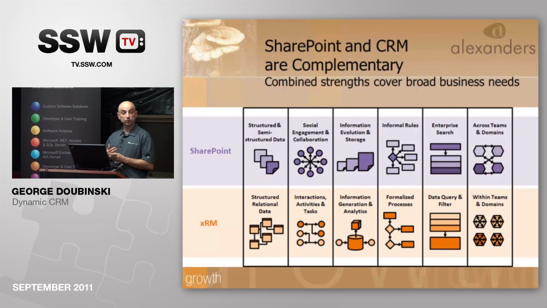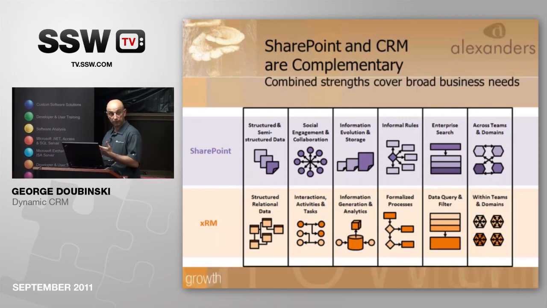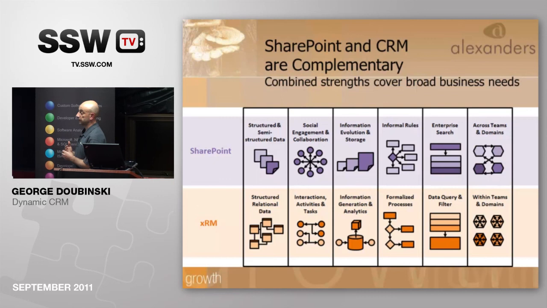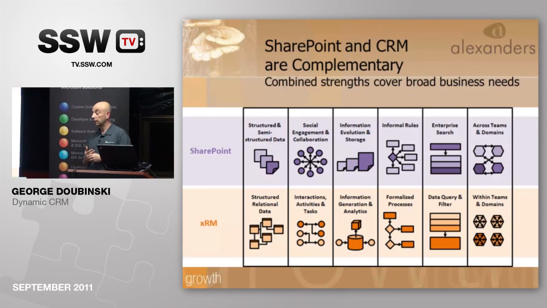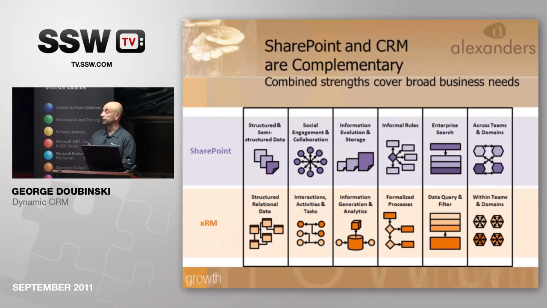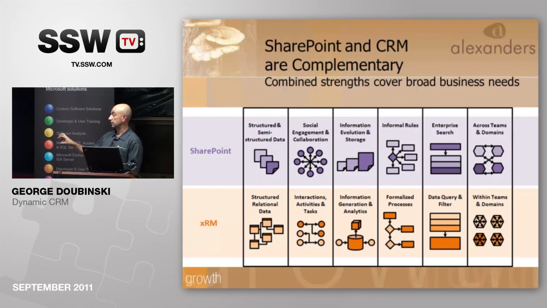SharePoint is very good as an enterprise search mechanism. With XRM, it's all about data query and filtering. SharePoint works across teams and domains. CRM is quite good within a limited space, within limited domains.